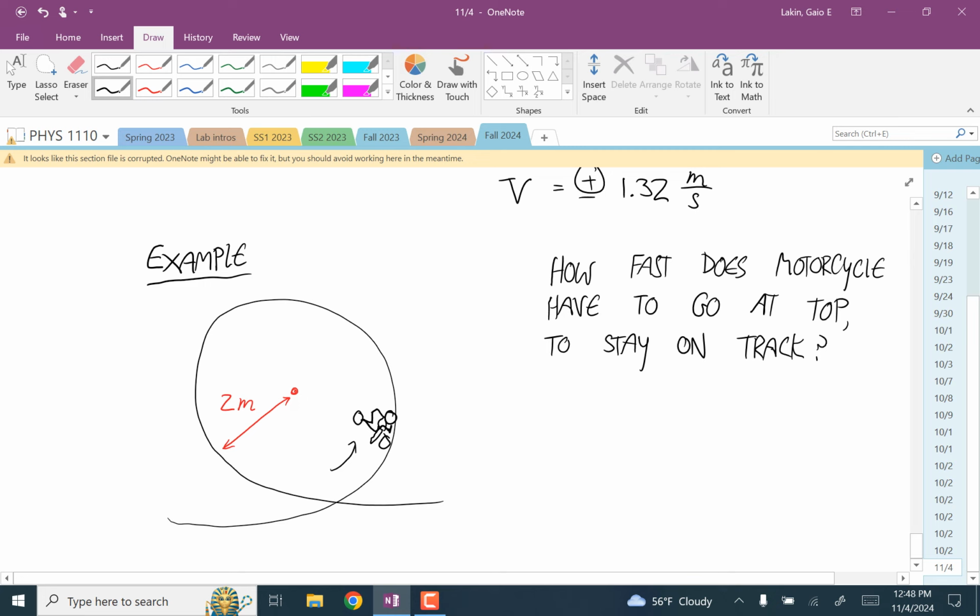So you can imagine if this thing was going over the top at 1 mile per hour, the motorcycle would just fall off the ramp. It wouldn't be going fast enough to stay on there. And so there's kind of one idea that we need to use in order to figure this out.